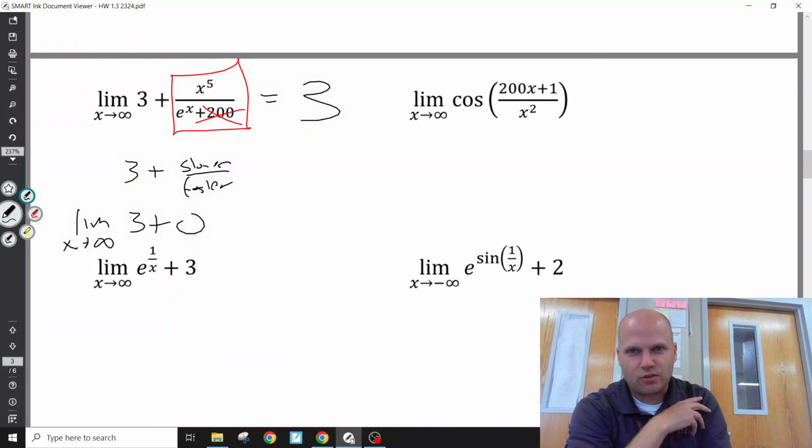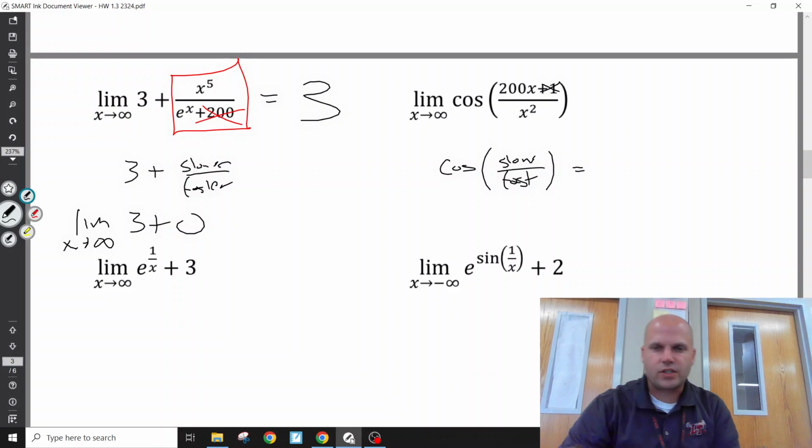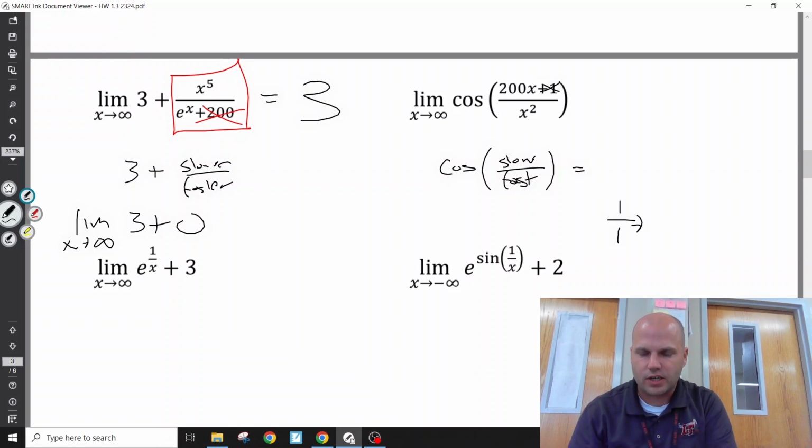Same thing here. This is a great one. Tricky one because it's the cosine of that. If I'm plugging infinity just into this fraction, I see it's a slower over faster. Now, what's slow over faster? Again, guys, you're not going to memorize this. You're going to understand or be able to recall it in your brain.